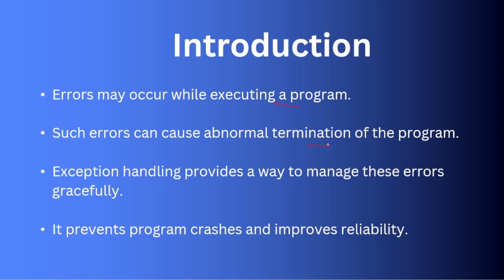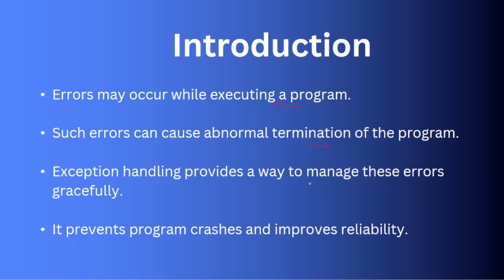So let's say a user was trying to open a file which isn't present at the location given by the user. So it will give us an error that the file is not present. Or if we are performing a computation and the value is way too big, then an overflow error could occur. So there are multiple instances where errors could come and they can cause abnormal termination of the program.